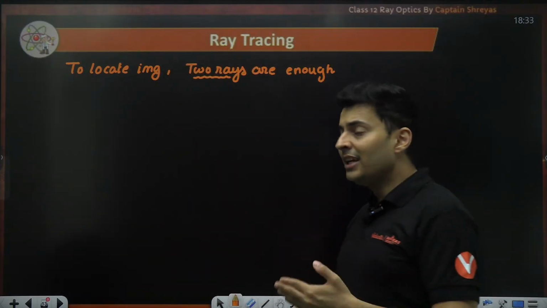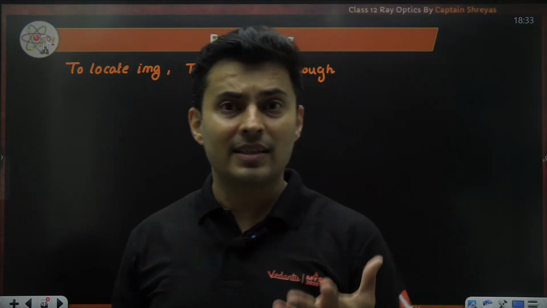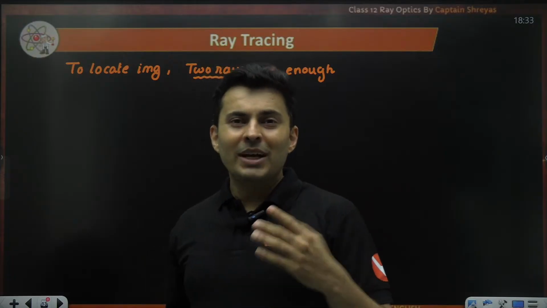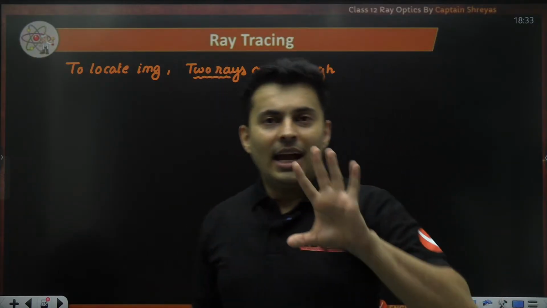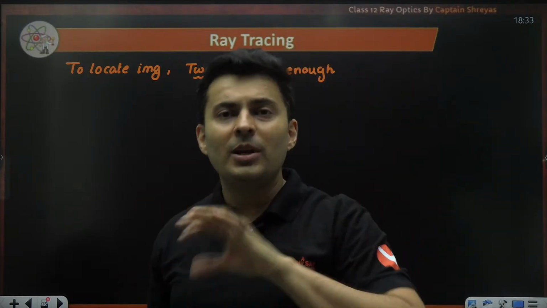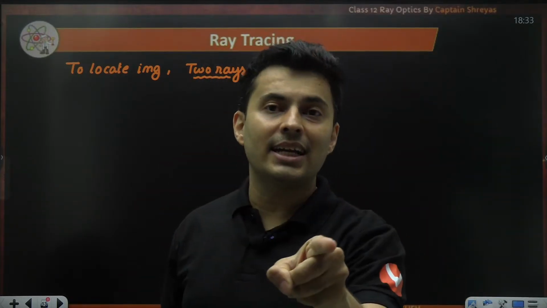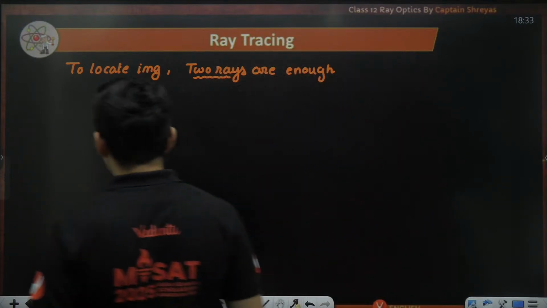And we can locate an image, what kind of image it is, etc., by using some rules. By using some rules, we can see where that image is formed. And there is obviously a formula method also. Many times you can use ray tracing to locate the image in a very simple way. Now, what are those rules?